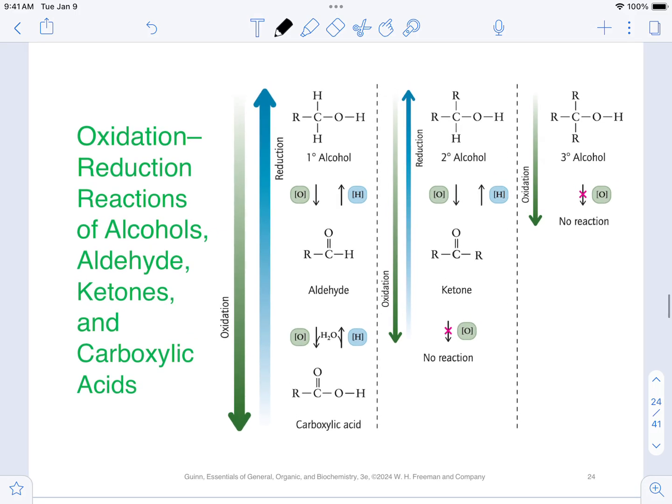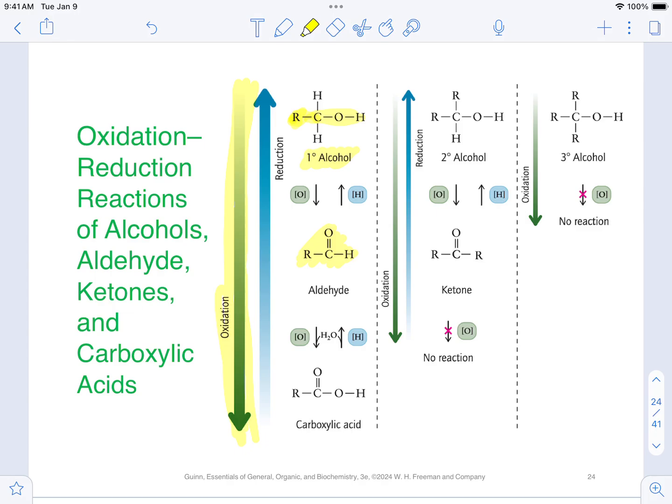Here's an important chart that I would encourage you to write down somewhere. So if we're following our arrows here, I'll just look at the oxidation pathway going down. If you have a primary alcohol denoted by our OH and our C is only bonded to one R group, that will get oxidized to an aldehyde. Remember your formula for an aldehyde here.